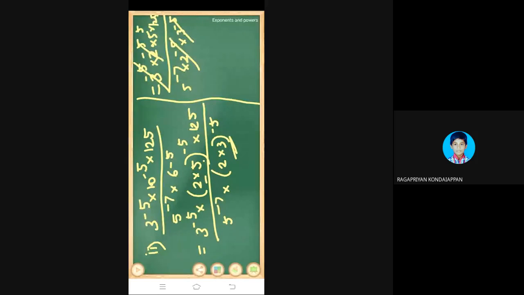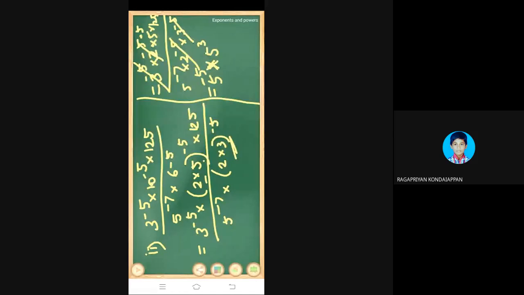Then as he said, let us write 125 as 5 into 5 into 5. That is 5 cube. 125 is nothing but 5 cube, because when you do prime factorization you will be getting 5 into 5 into 5.